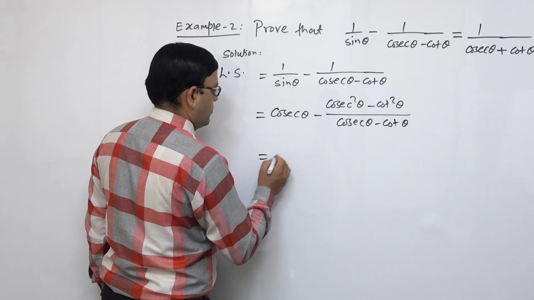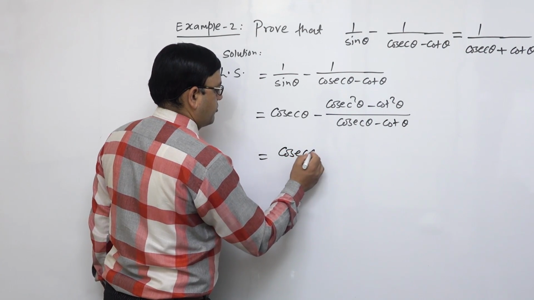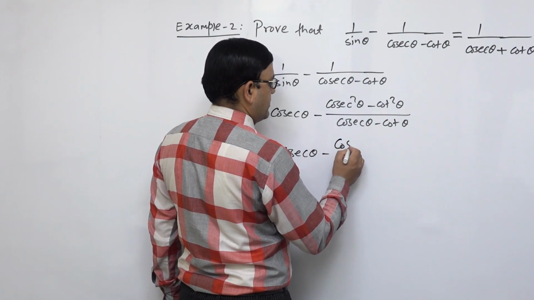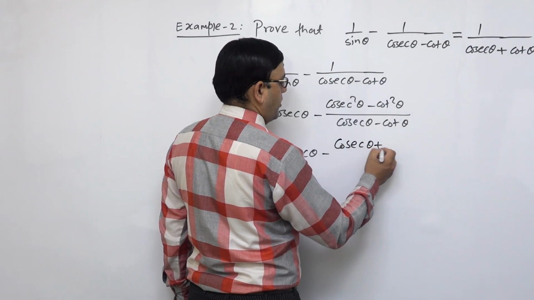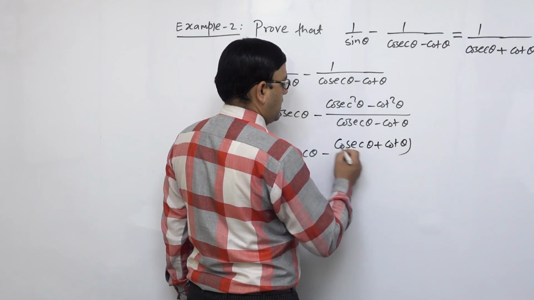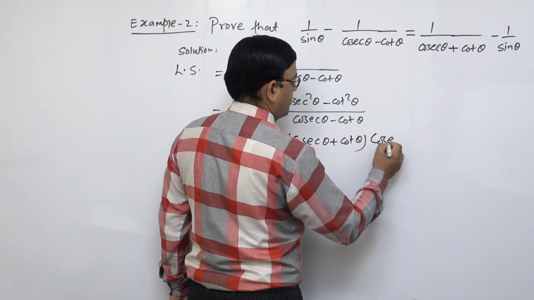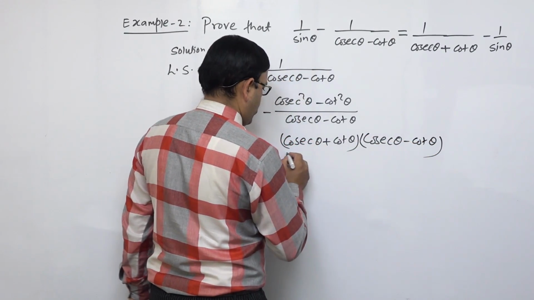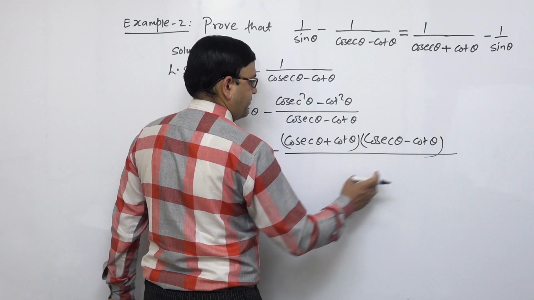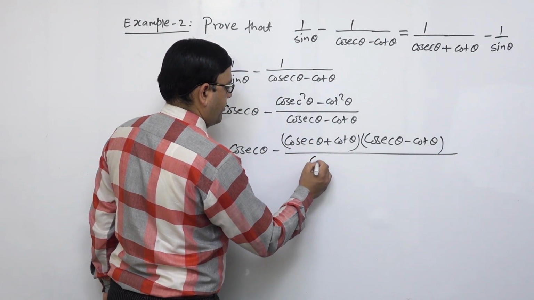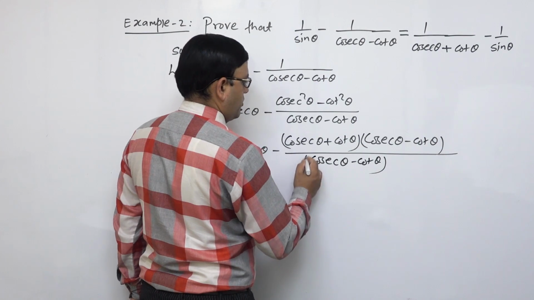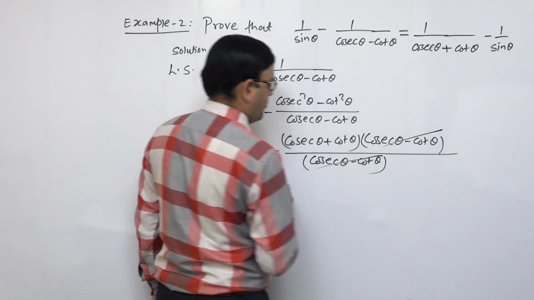Now this is equal to cosec theta minus, we can use the a square minus b square formula. That is cosec theta plus cot theta times cosec theta minus cot theta divided by cosec theta minus cot theta. So we can cancel this and this.